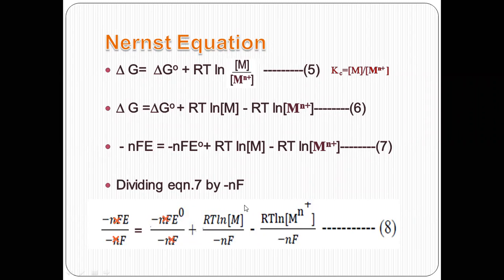And here, when we keep the concentration of M equal to 1, the RT ln M term also gets cancelled. Then minus into minus gives plus, and we get RT divided by n. Then we move to the next step, and after cancelling all of that, we will get the next equation.